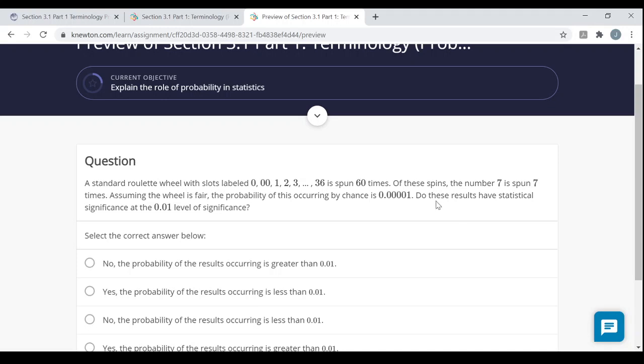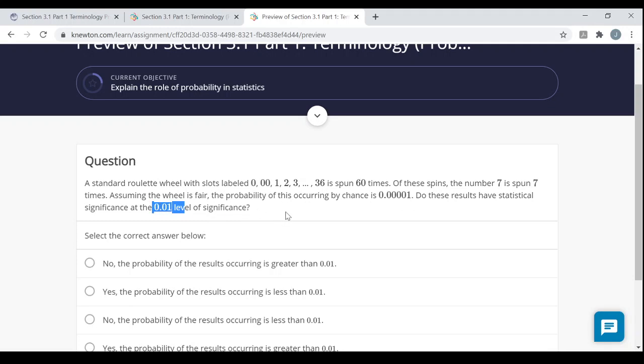This is something we're going to talk about a lot. When they say an outcome has statistical significance at a certain level of significance, that means the probability of that occurring is less than that number. It's unlikely to happen. This result does have statistical significance at the 1% level, because my probability is less than 1%.